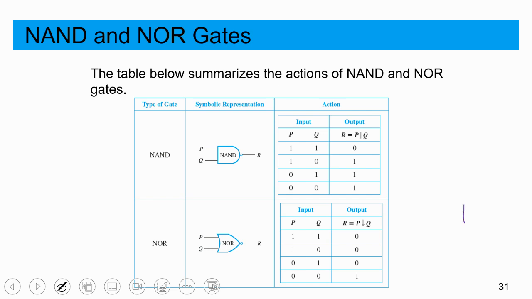All right, so you could take a look at this table to see how the NAND and NOR gates work. I'm not going to talk you through this, but take a moment, pause the video, and reason through this so that you see how these two particular gates work.